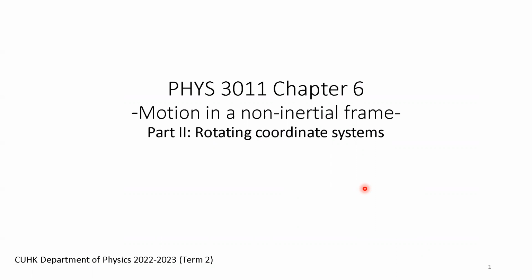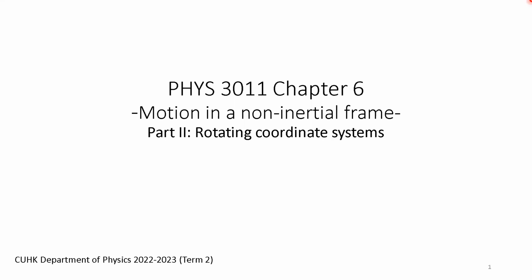Okay, so now we are getting into part 2 of this chapter. I would say this part of the chapter is more difficult than the previous part, because in the previous part the fictitious force is very intuitive and easy to find.